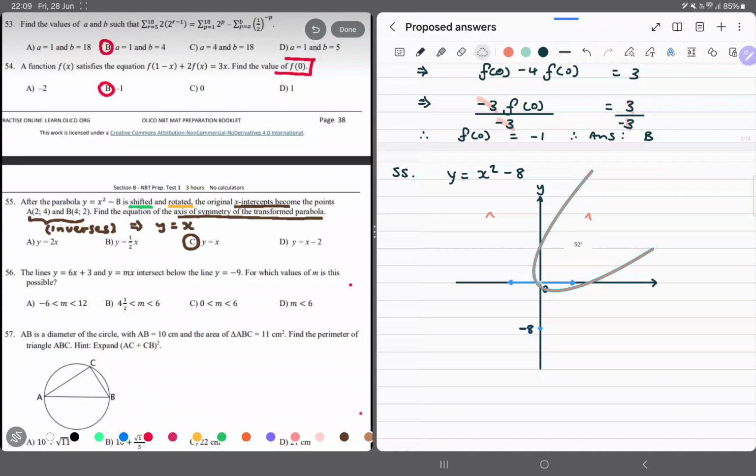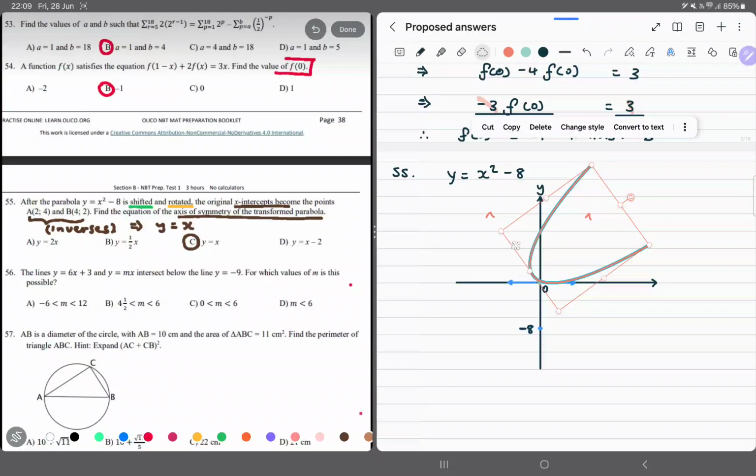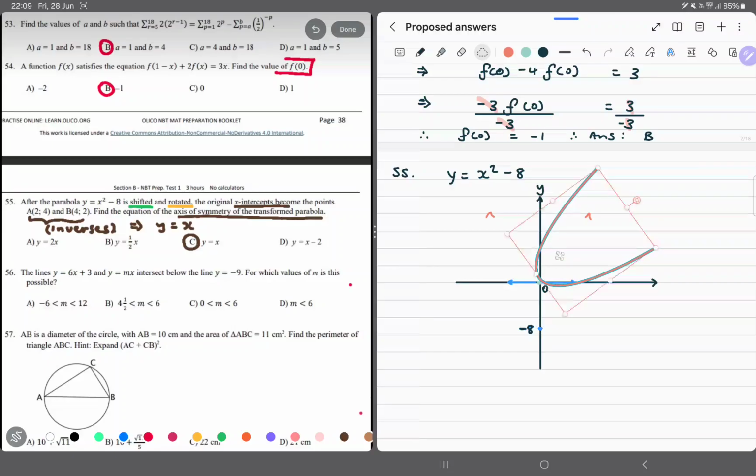So maybe let's rotate it a bit back. Okay, so this is what we see. Probably this is what it looks like. We don't know. We really have no idea. All we know is that this is such that the intercepts are as described.